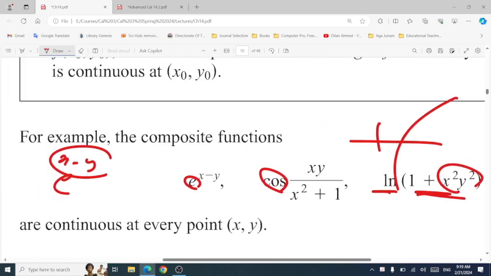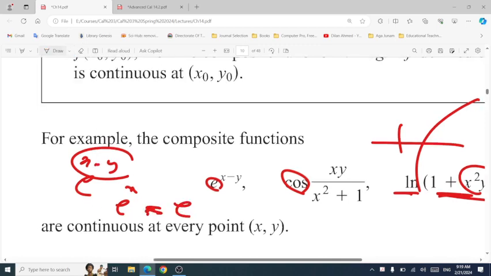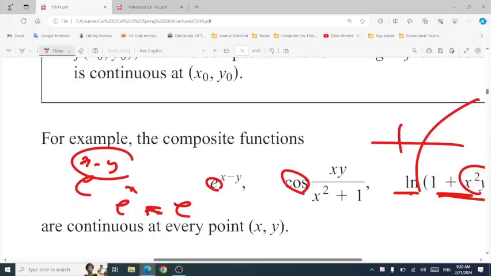The compound means that we have two functions, e to power x and e to power minus y.